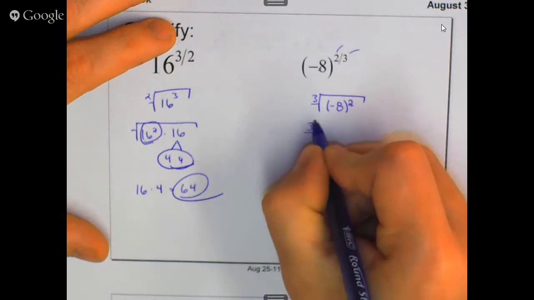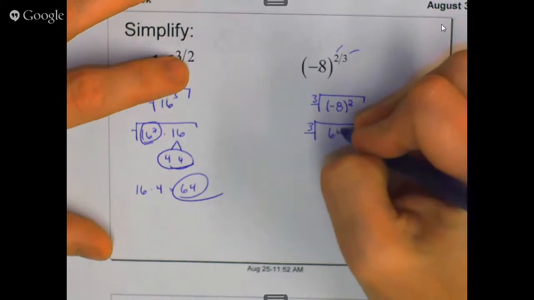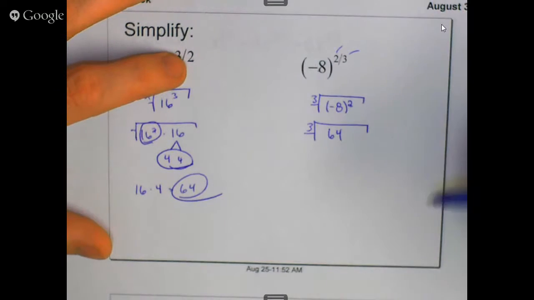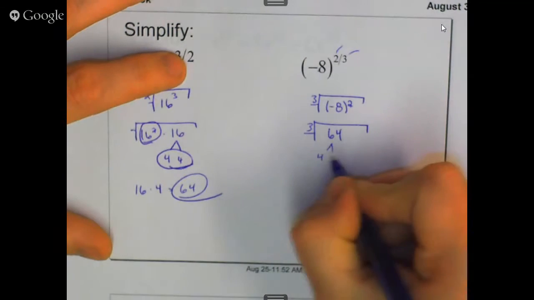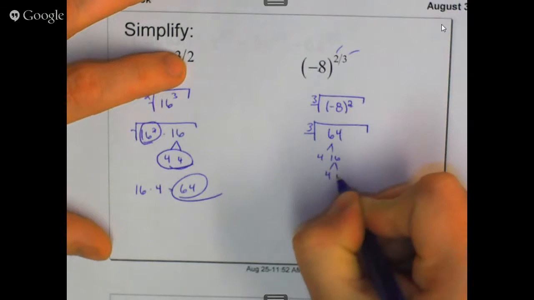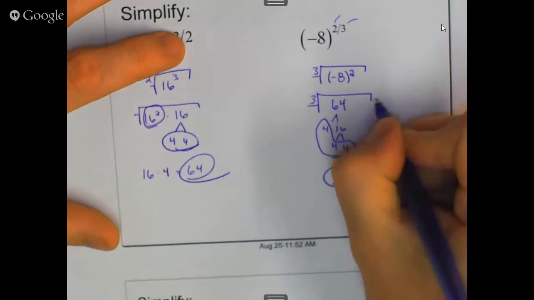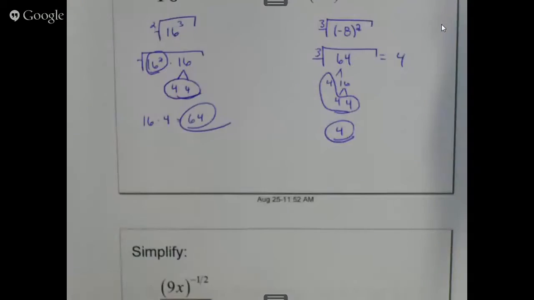So the 3rd root of negative 8 times negative 8 is positive 64. And the 3rd root of 64, what times itself 3 times is 64? Well, we can break it down if we need to. And there's my group of 3 right there. So 4. Hopefully you know that that is 4 by just looking at it. That's one of those things you should have memorized.